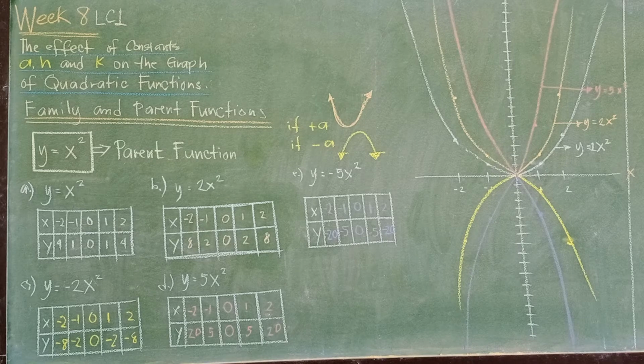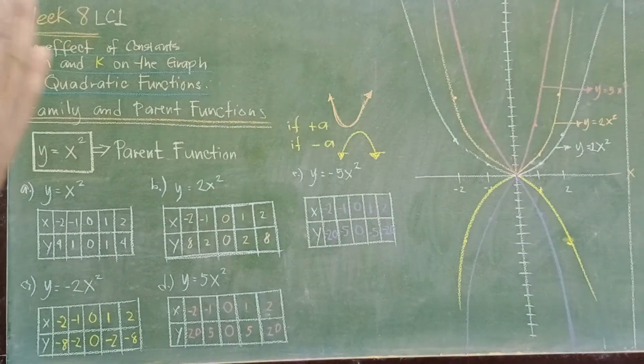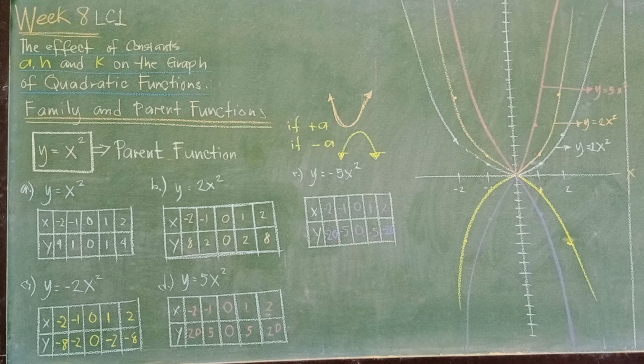Again, to summarize, kapag yung value ng A mo is positive and then mas lumalaki na lumalaki, yung graph mo panipis ng panipis. Kapag negative yung A mo, nag-open siya downwards, and same result. Yung absolute value ng A mo, kapag mas mataas, mas manipis yung opening. Kapag mas mababa, yung opening niya mas malapad.